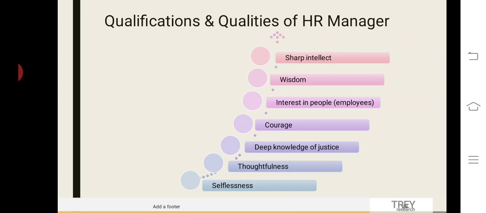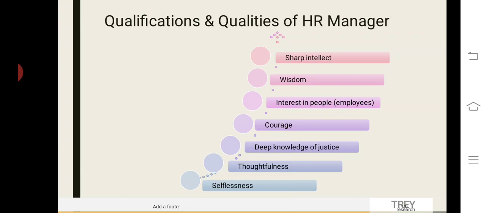Especially people who have a feeling of injustice, like why was I not promoted, why was my work not done, why was my colleague promoted, why was I transferred. If employees have this kind of feeling, naturally they'll never give you the best outcome. So the HR manager must have that understanding and knowledge about justice.